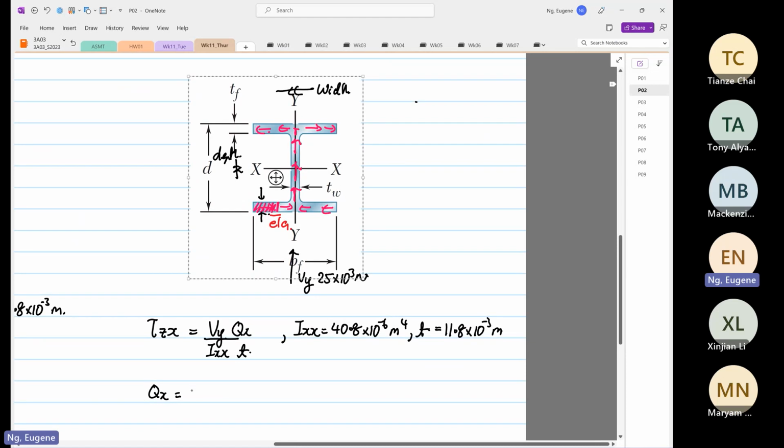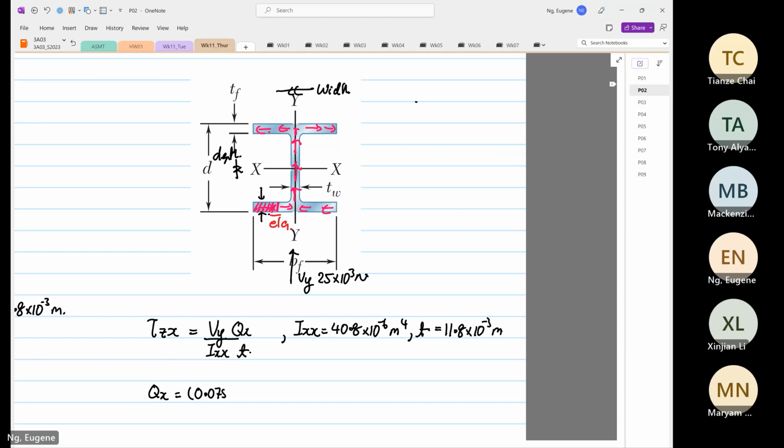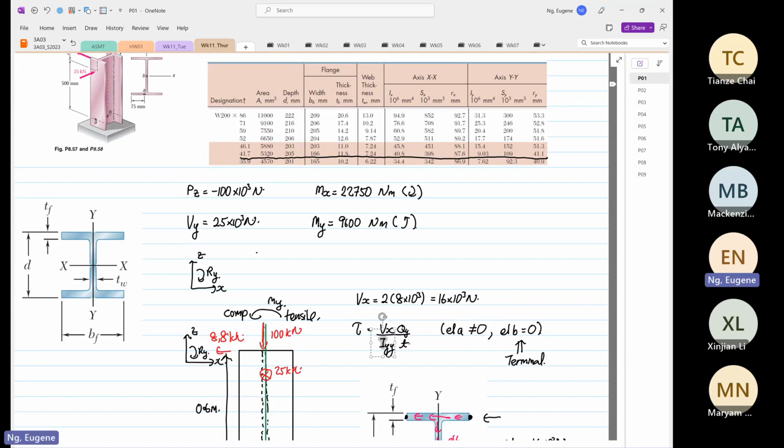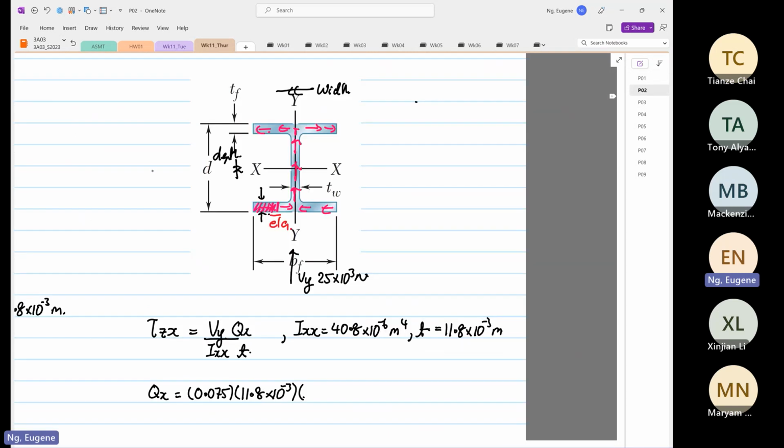The width we know is 0.075. The depth we know is 11.8 times 10 to the power minus 3. Now the y bar is d. So d is what? 0.205 divided by 2. So this is 0.205.